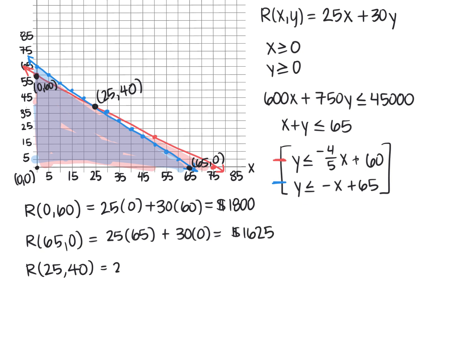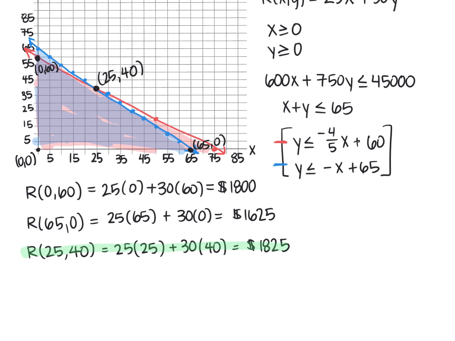And then lastly, we have 25 times 25 plus 30 times 40, which gives us a revenue of $1,825. So this last one is going to maximize our profit.